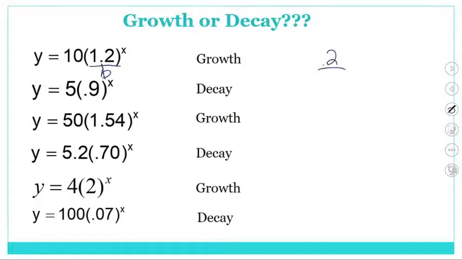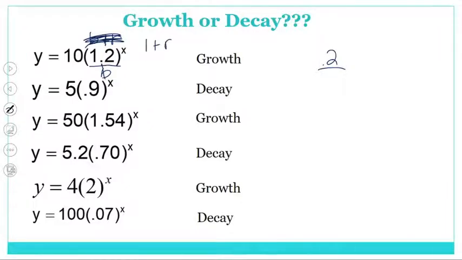Now, if you have a hard time, if you don't have the mental math, or you just get stuck on any type of problem, what you can do is, you know it's growth, so you know this is b plus 1. Or not b plus 1, b plus r. Wait, what am I saying? I'm sorry. Going crazy. It's 1 plus r, right?